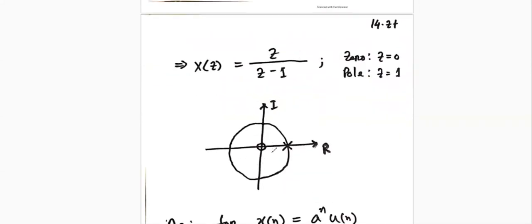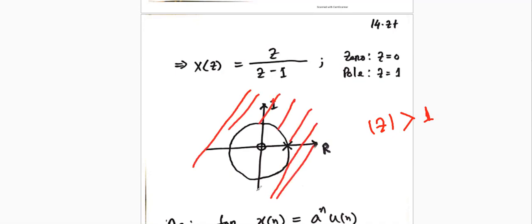So what is the distance of this circle? The distance of the circle is 1. And what is the ROC? We have already shown it in the previous example. The ROC, that means |z|, should be greater than 1. So how can we put the ROC?